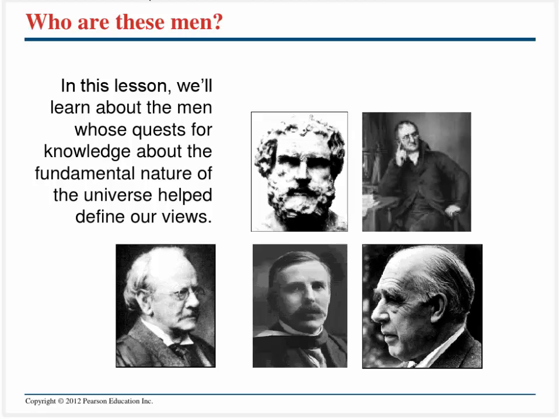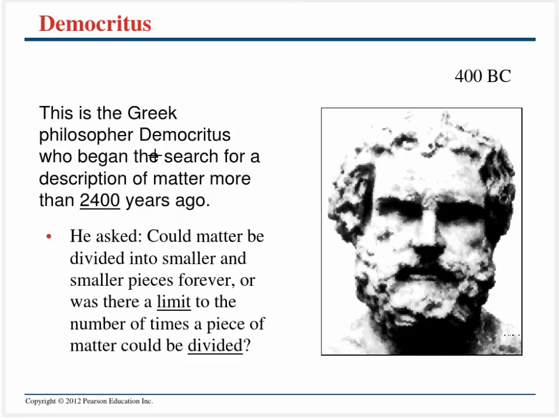So what I'm going to talk about for the next several slides is who are these men, and how did they lead us on our map to discover what all of matter is made up of. As I said, I'm not going to try to butcher this fellow's name, but it was about 2,400 years ago. He said, could we keep on dividing matter into smaller pieces, or is there a limit to how many times we could divide it?